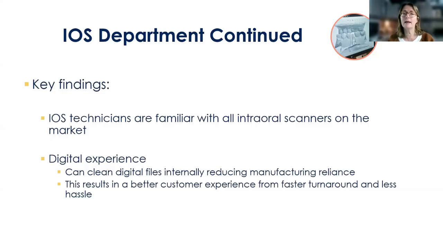Like it's clear as day. But when we change it to monochrome, sometimes that margin does not look as crisp as we thought it was. And the distinction between the gingival tissue of the sulcus and the finish line of your prep can be a little blurry. It can be sort of fuzzed out. So it's important for you to take a peek at that.